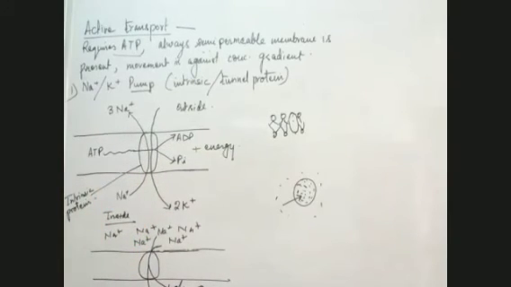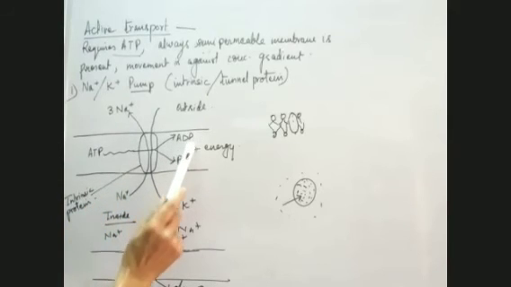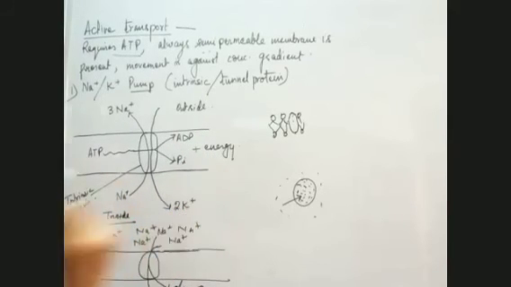The presence of this tunnel protein maintains the sodium potassium pump. How does it maintain it? As it is active transport, it requires energy. So ATP is utilized, it is broken down into ADP and phosphorus with the release of energy.